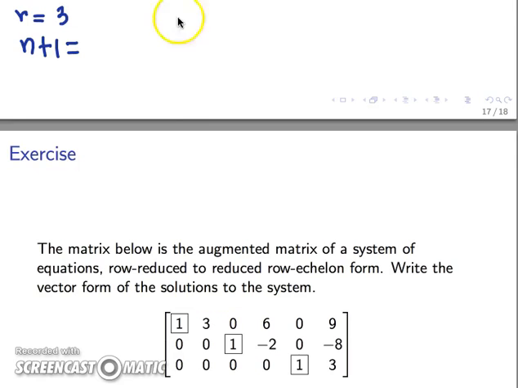So we say that n plus 1 is 6, and this implies that n equals 5. So the number of variables is 5. So what we want to do next is to think: we have a solution that looks like x1, x2, x3, x4, and x5.